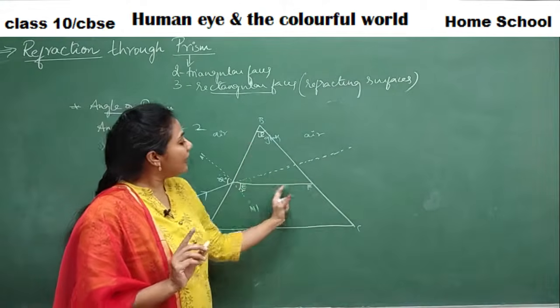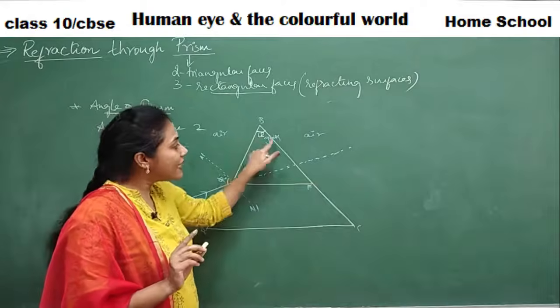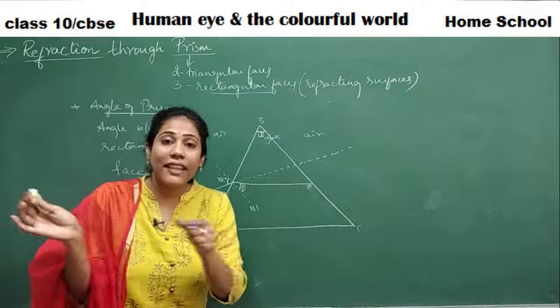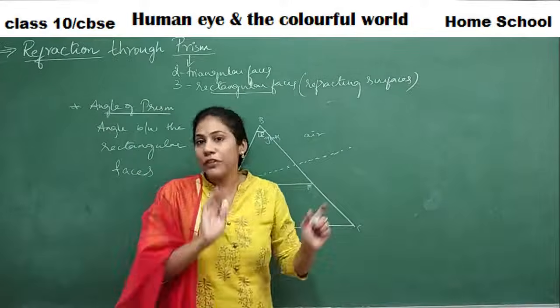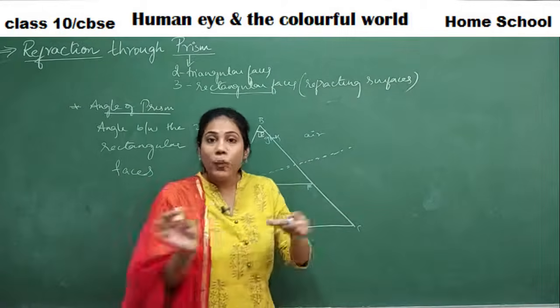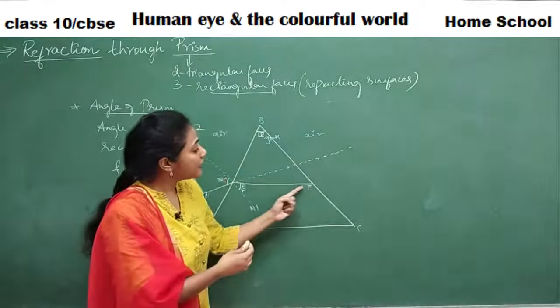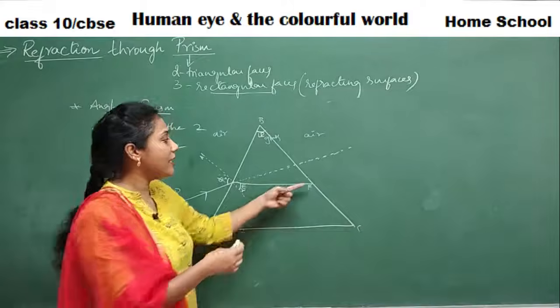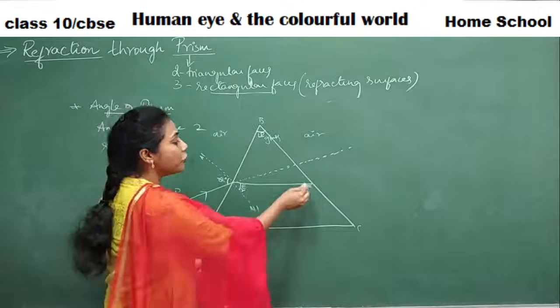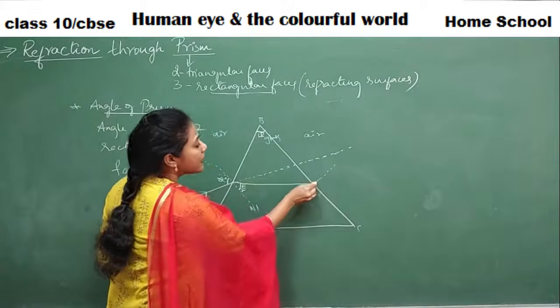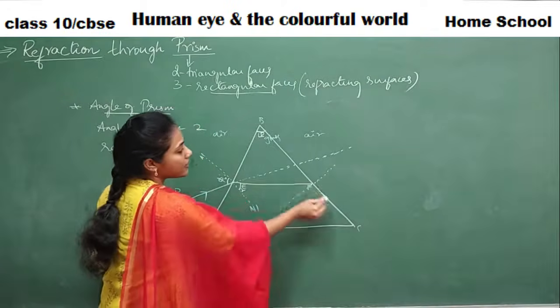So whenever a light ray is traveling from denser medium to rarer medium, how does the ray go? The ray goes away from the normal. The ray will refract away from the normal, isn't it? And now here, let us check how this particular ray goes. First you draw a normal here. So how do you draw the normal? A normal is the one which is perpendicular to the surface.